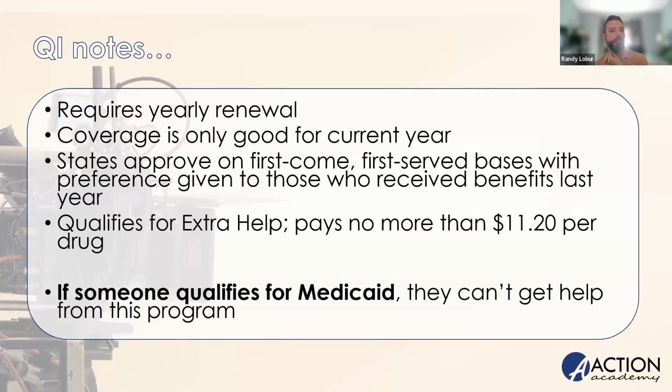QI beneficiaries do qualify for Extra Help, but again, not always as automatic as it should be. And one key difference is if someone does qualify for Medicaid, they can't get help from this program. So this is help for someone who is lower income, but is not eligible for a spend down, is not eligible for Medicaid, but still needs help paying that $174 a month or so.